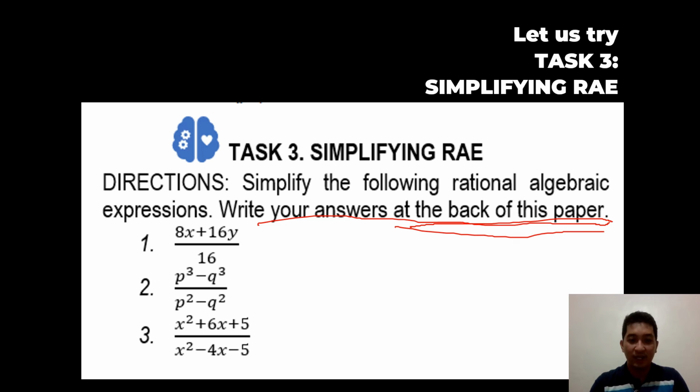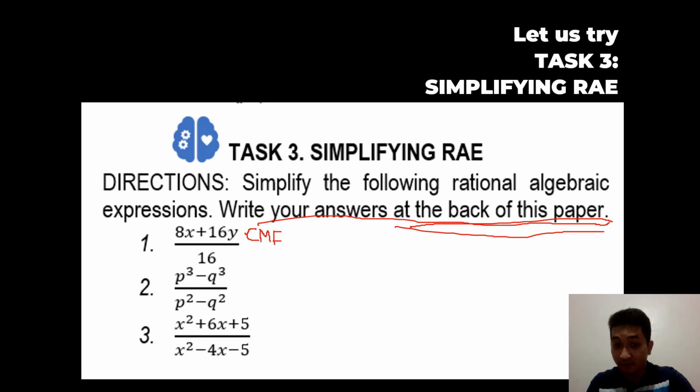Okay? So, una nating task, ito, 8x plus 16y over 16. So, bigyan ko na kayo ng hint. Dito sa 8x plus 16y, gagamitin nyo ang factoring using common monomial factor. Ano ba ang common monomial factor ng 8x at 16y?